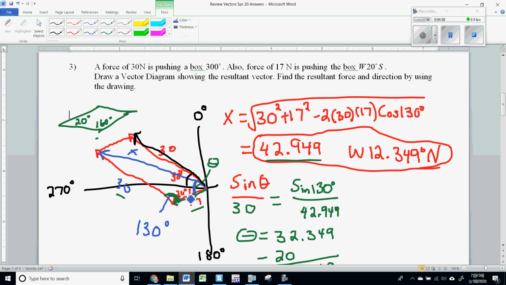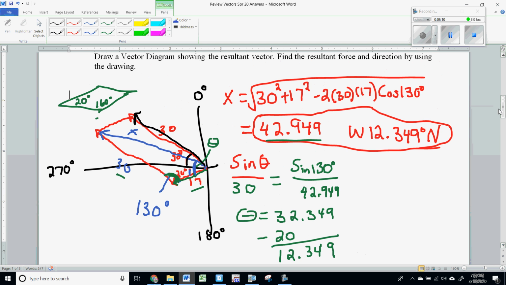And I find that angle is 32, but you'll notice that this whole angle here is 32, but this bottom part is 20. So if I subtract that 20, I get 12 degrees, which tells me that this angle here is 12 degrees north of west. And there's my two angles.